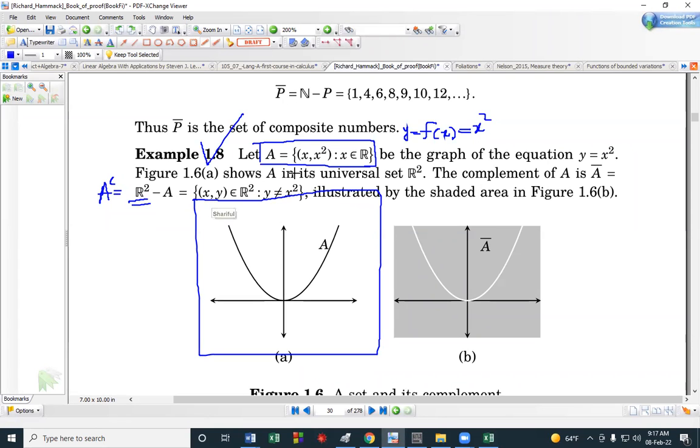So if A is the ordered pairs on this parabola-shaped locus, then our complement is the whole xy plane except the points on this parabola. They deleted the parabola from the xy plane to denote the A complement. They preferred the notation A bar for complement, which is the same as our A complement.